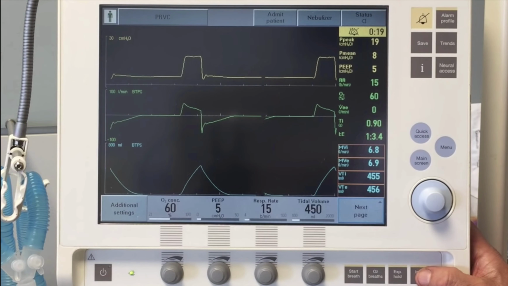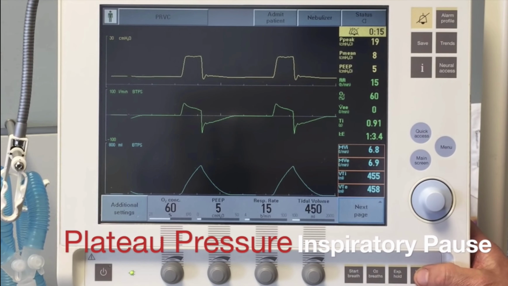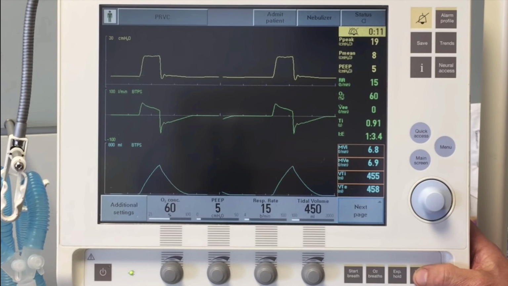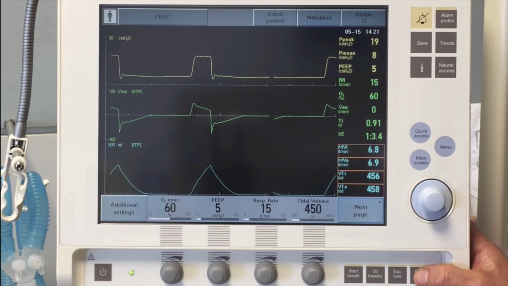Next, we're going to demonstrate how you do an inspiratory pause to show a plateau pressure. As we've talked about on rounds, the differential diagnosis of patients that have a high peak airway pressure includes those patients that have a high peak airway pressure with a high plateau pressure and those that have a high peak airway pressure with a normal plateau pressure.